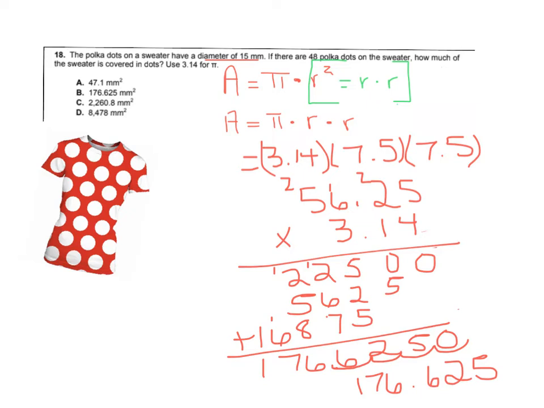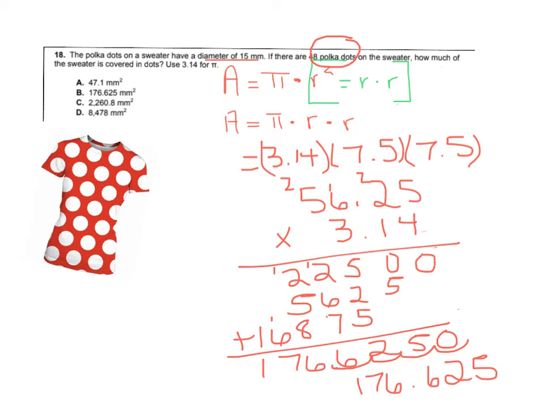Okay, so going back to the problem, it did tell us that there were 48 polka dots on the sweater. So we now need to take the 176 and 625 thousandths, because that equals the area of one polka dot, and multiply that times 48 to get the area of all 48 polka dots on the sweater.